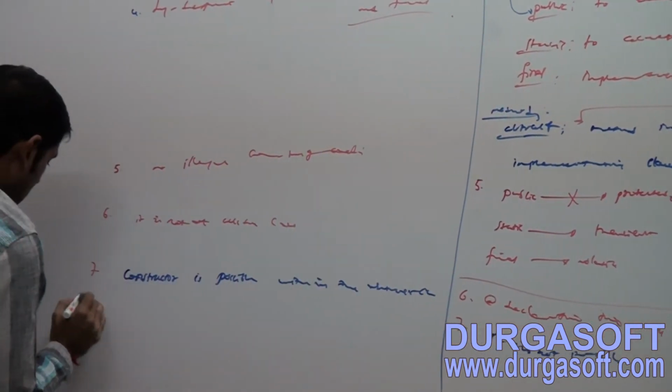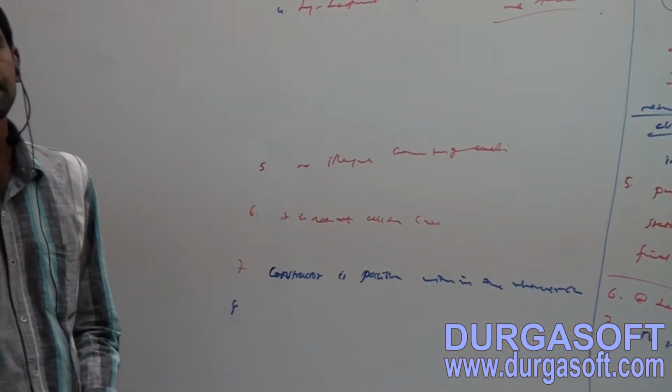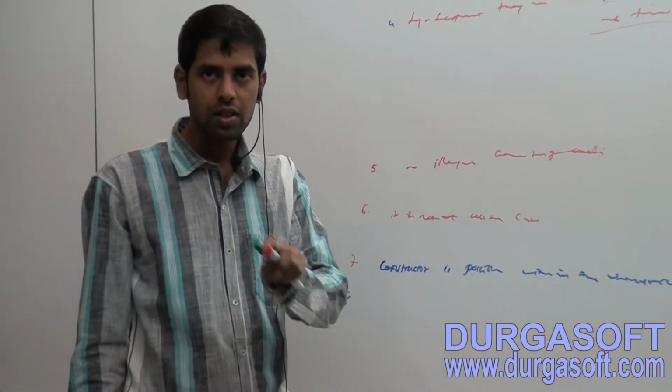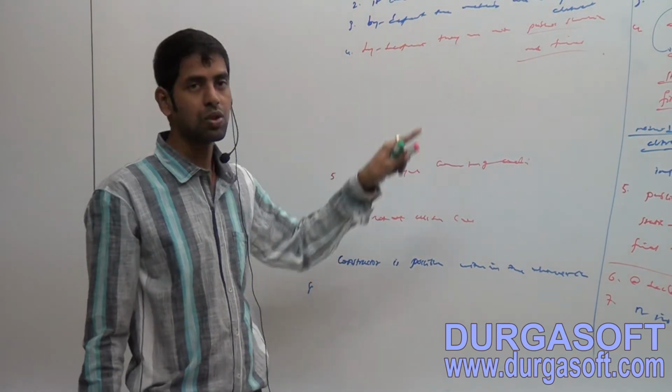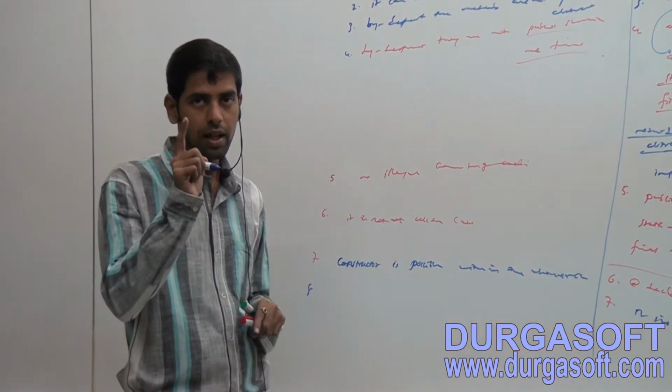And the last thing which we have understood is what? Instance blocks and static blocks declarations are allowed within the abstract class. We have even understood the reason.